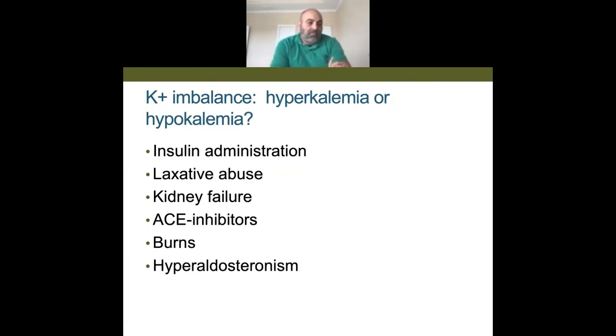Sorry, increase. Increase because you're peeing out the sodium. In order to pee out the sodium, I have to pull in the potassium. Burns, when there's damage to the tissue, they go into hypokalemia potentially, they're losing it. And then hyperaldosteronism, we should see a decrease because we're pulling in sodium, potassium is leaving.